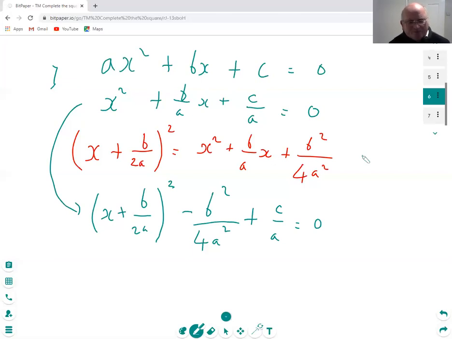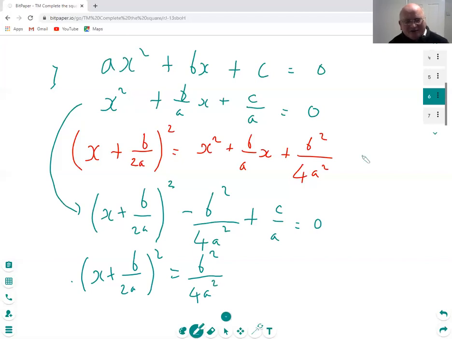Okay, so now we're just going to rearrange this slightly. We have x plus b over 2a squared equals... what I'm going to do now is move these two terms to the other side. I'm going to add that to both sides, and you get b squared over 4a squared.